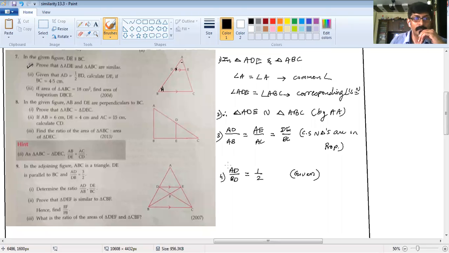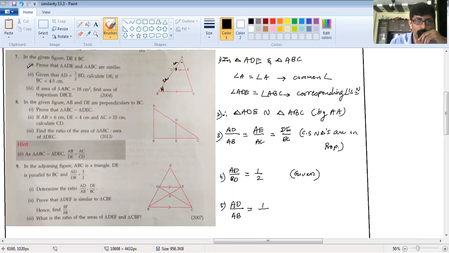Now, students, please understand how to calculate DE if BC is 4.5. So look at this, AD upon BD is given as 1 by 2. So what will be AD upon AB, students? Therefore, AD upon AB will be equal to 1 upon, look at this now, AB will be, this is 1A and this is 2A.